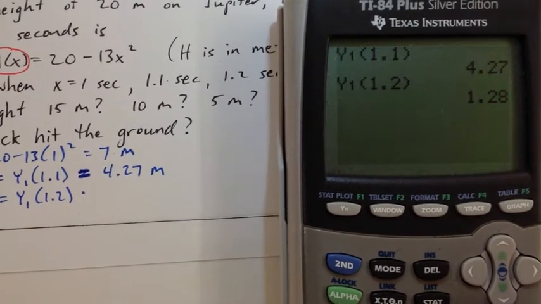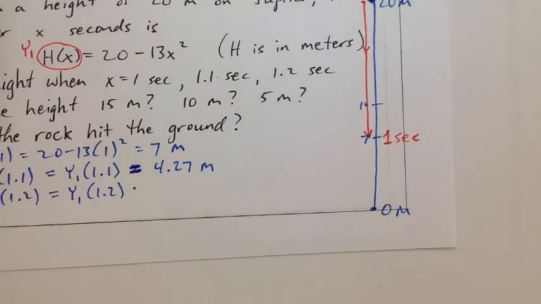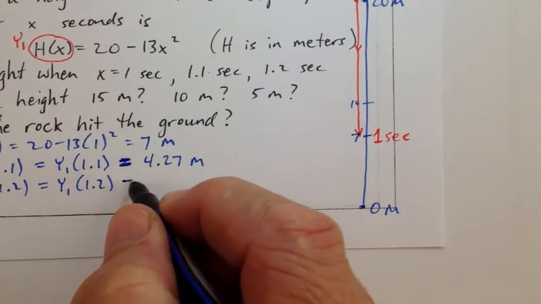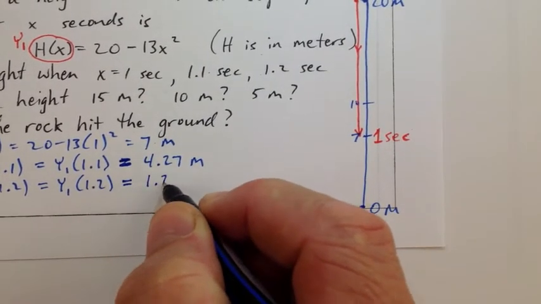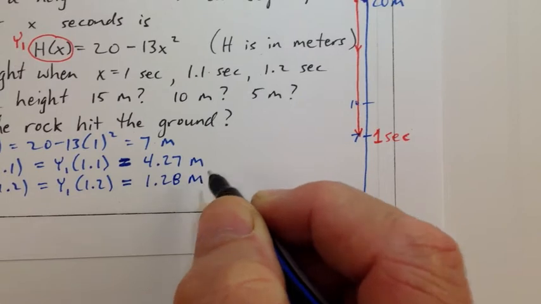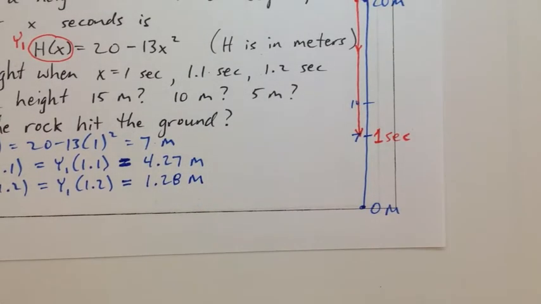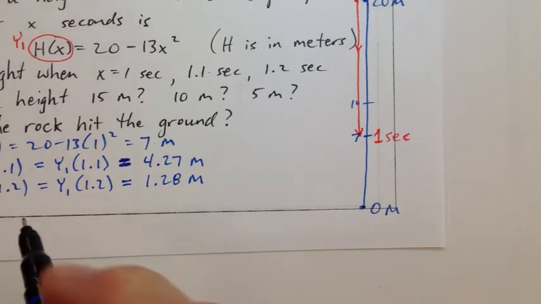That's a little trick that is very handy, and we can just write that in right here, 1.28 meters. And so we see that the height of the rock is getting lower, so that's a good thing because it means that we're probably doing things right. So that takes care of part A.